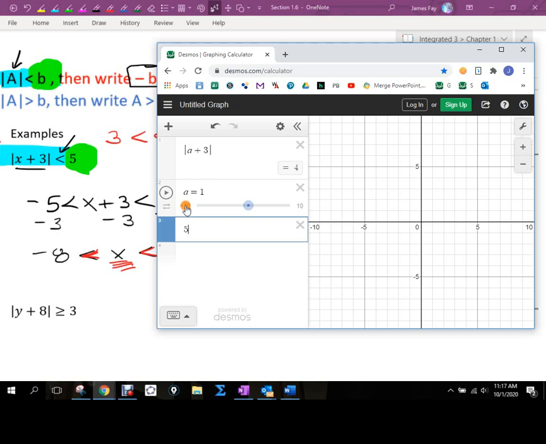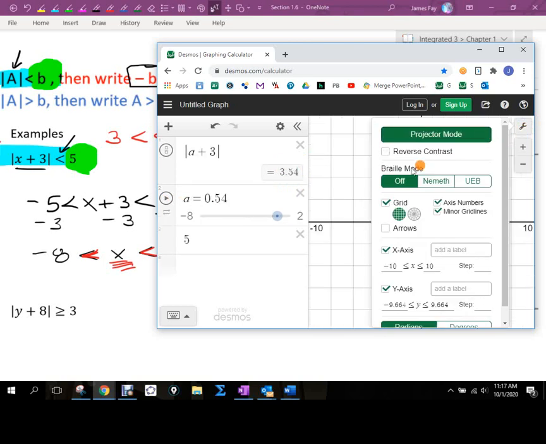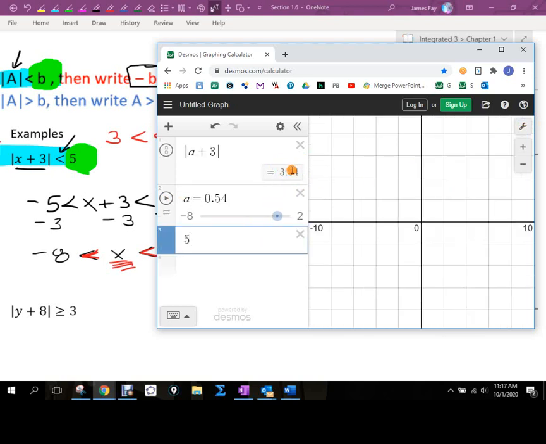Let's say I set the bottom value to negative 8 and the top value to 2. If I play this and stop at any time, this number right here will always be smaller than 5, no matter what I do. Correct? Does that make sense to everybody?